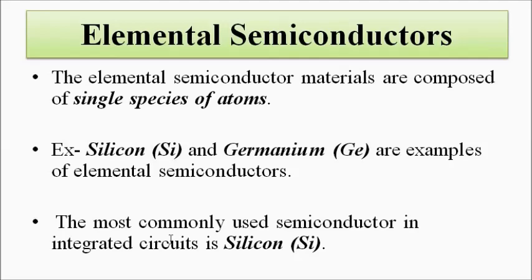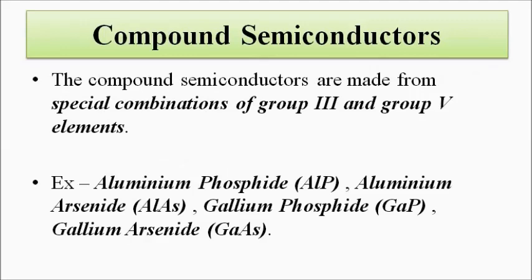There are various reasons for it. We'll discuss it in a separate video. For now, you just understand that silicon is the most commonly used elemental semiconductor, perhaps the most popular semiconductor. Then there are the compound semiconductors. Now, as the name suggests, the compound semiconductors are made from combinations of elements, especially from the group 3 and group 5 elements of the periodic table.